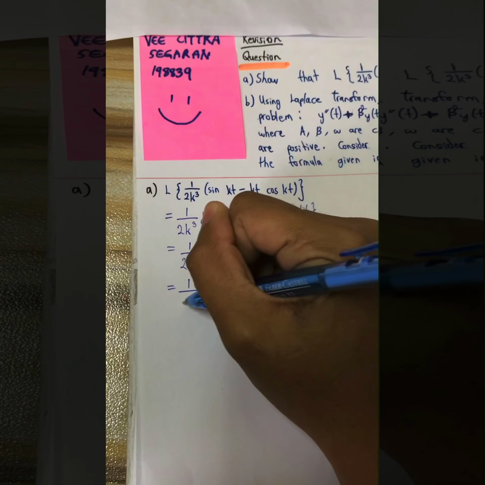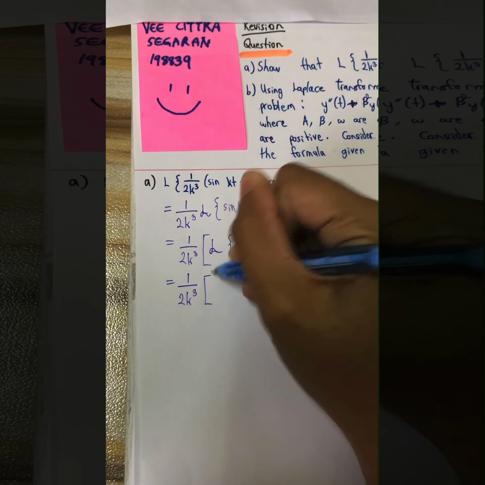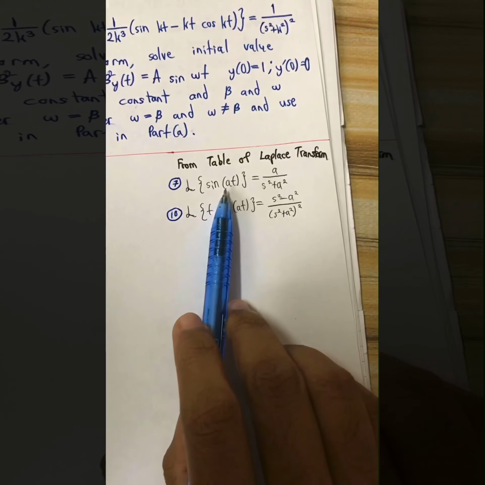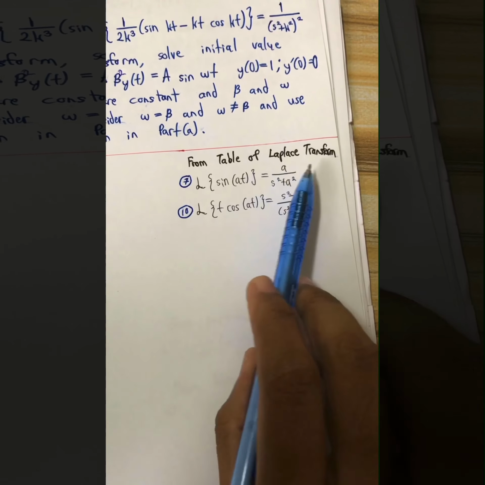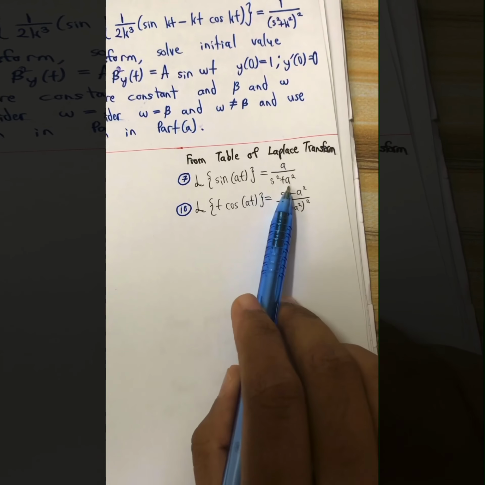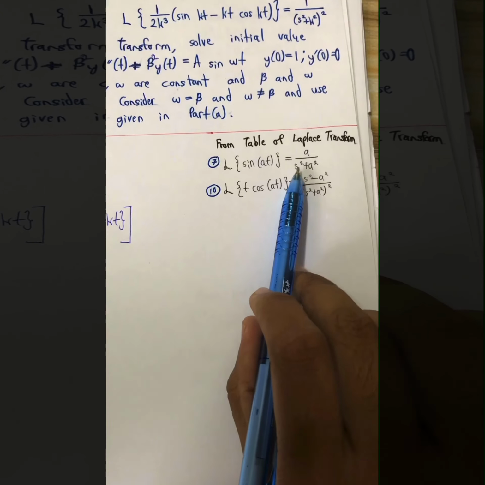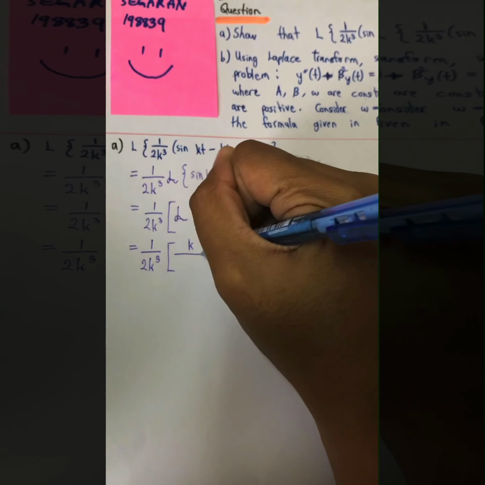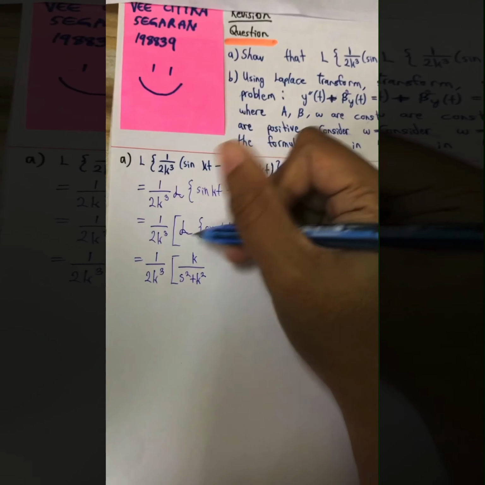So we get 1 over 2k cubed, and then the Laplace transform of sin kt from the table: a is our constant, which is k, so we get k over s square plus k square. That is the first transform.